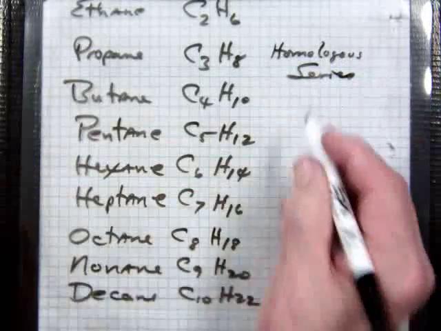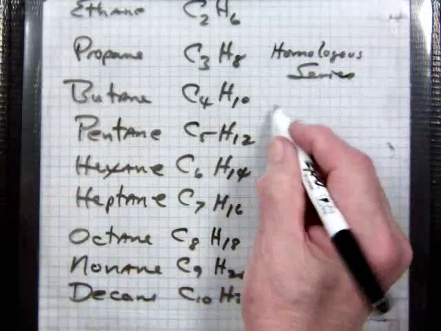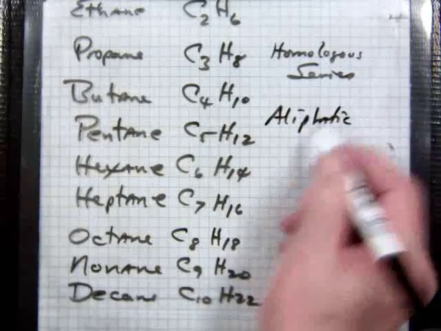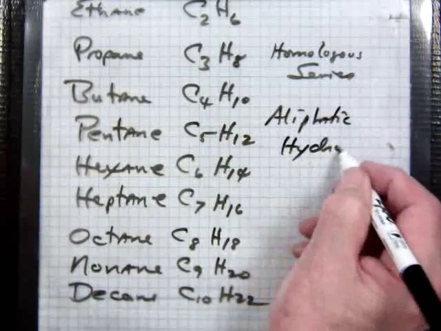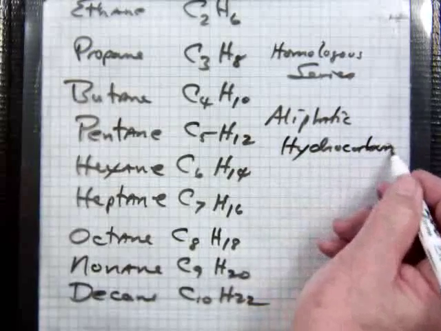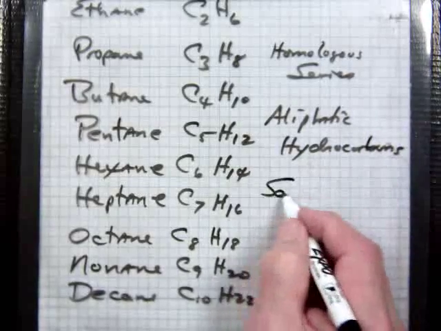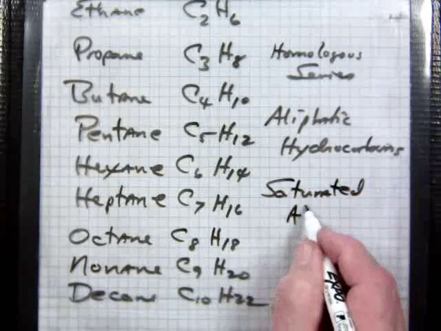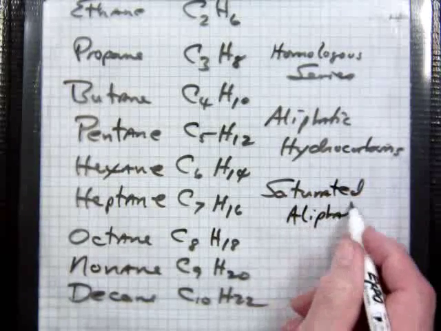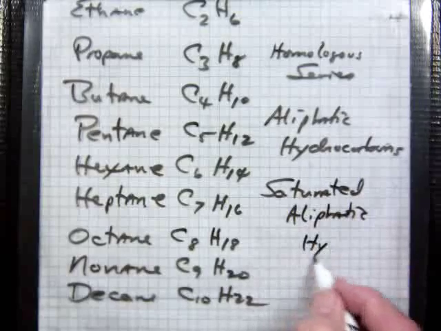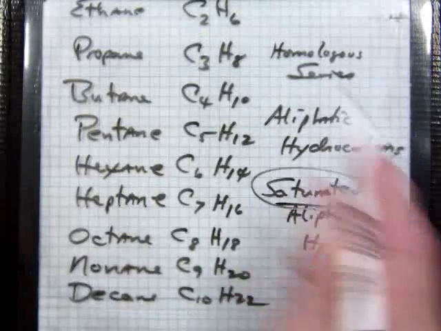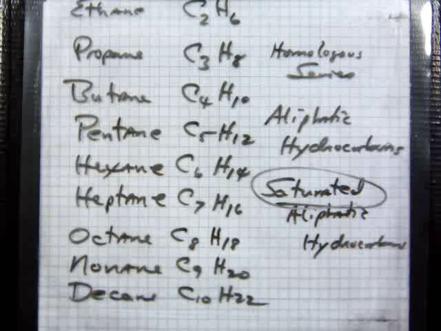It's also known as the aliphatic hydrocarbons, and saturated aliphatic hydrocarbons. And when we talk about the word saturated, it means it does not have double bonds or triple bonds in it.